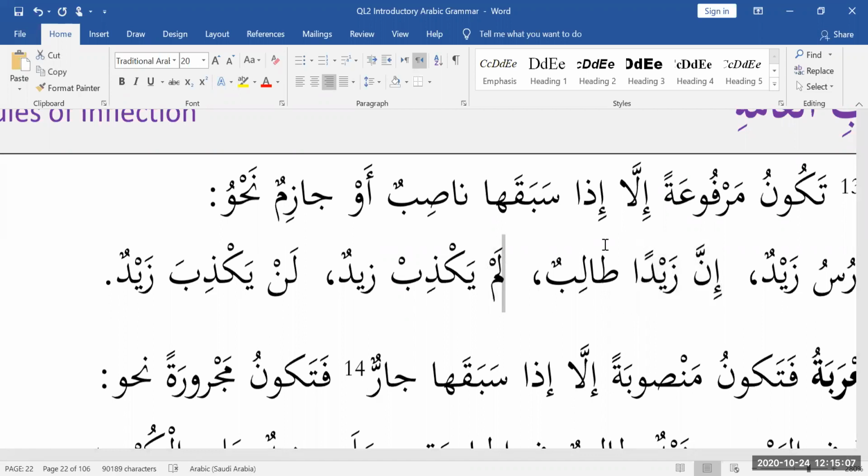In this example, lam is causing mudare to enter into jazm state. How do I know that this mudare is in the jazm state? Because there's a sign. The sign is sukoon, and sukoon, as we learned in previous lessons, is a sign of jazm. And then you have zaydun, which is a fa'il, and it's still in the rafa state. The fa'il still has a dhamma ending.